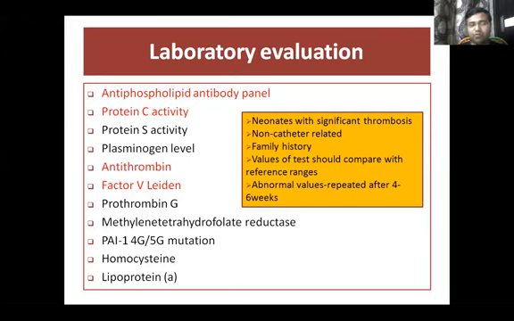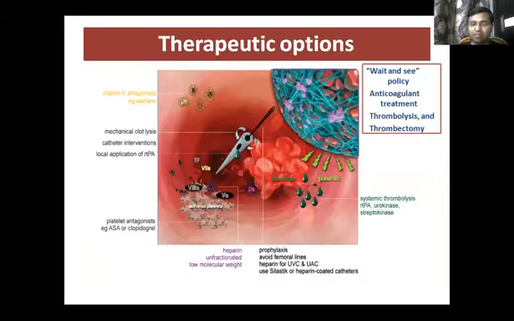One important point is that you can order these tests, but they are not easily done in all settings, and cost is one issue. Once we get the report, you have to compare it with the reference range. If there are abnormal values, you have to repeat after 4 to 6 weeks, or you can test the parents if they are heterozygous.